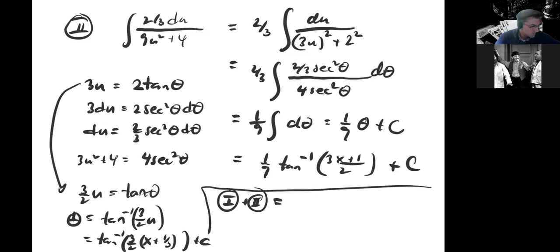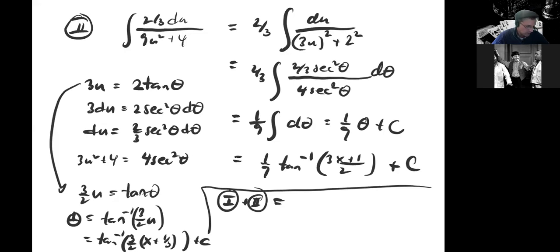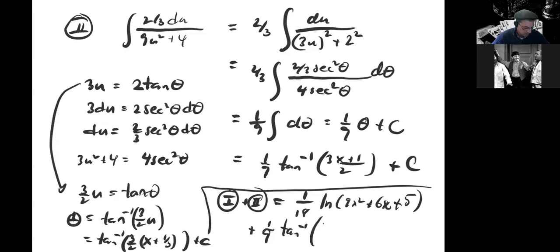Well, you should get, if I did this correctly, what I erased on the previous slide: 1/18 ln of 9x squared plus 6x plus 5, plus 1/9 arctangent of (3x plus 1) over 2, plus c. That's the final answer to this problem.